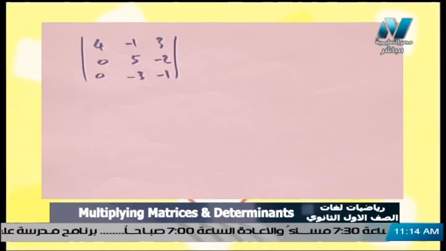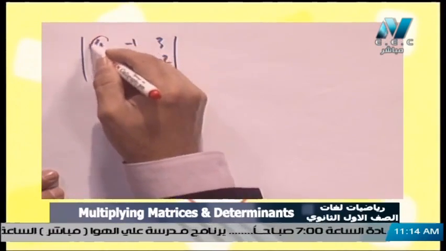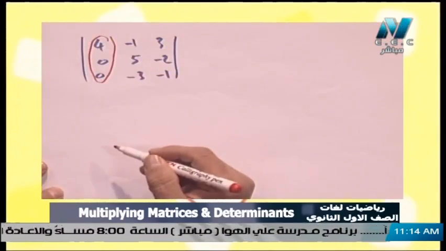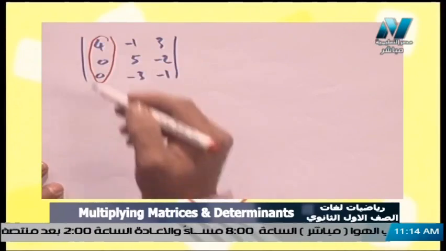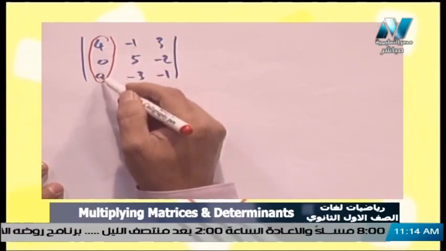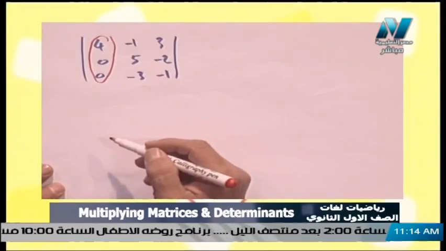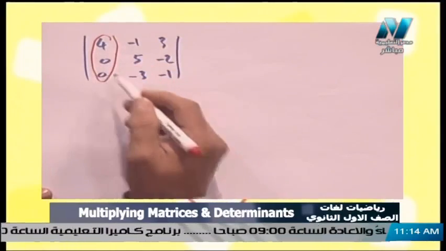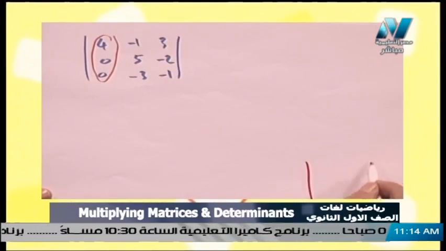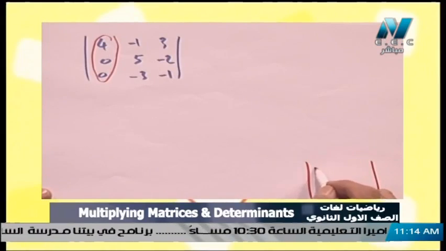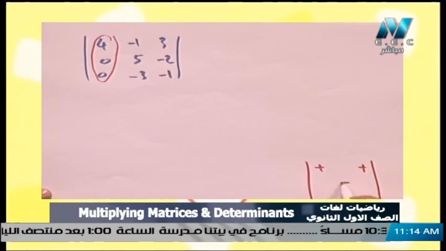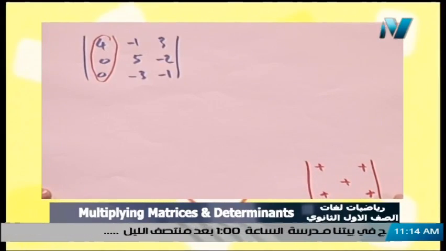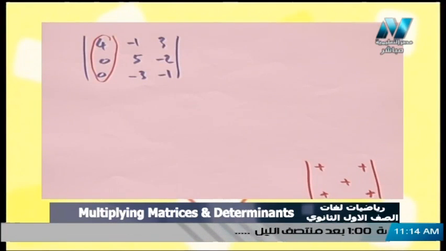I found that it's easy now to find it using this column. Why? Because we have just one number and the others are zeros. But don't forget the sign pattern: positive, negative, positive and so on.